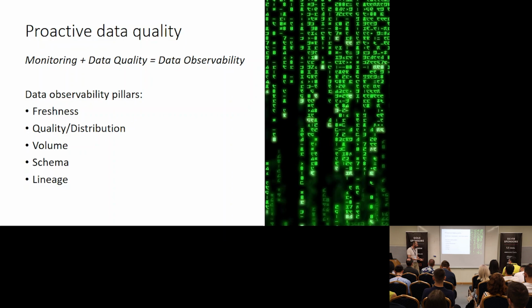Again, we don't want anything dropping. Then schema, which is more than just the schema: it's any change in your metadata, we can say. New fields or new event types and so on. If there's a change, we should know about it and monitor it. So if a new field is added, you should know about it.